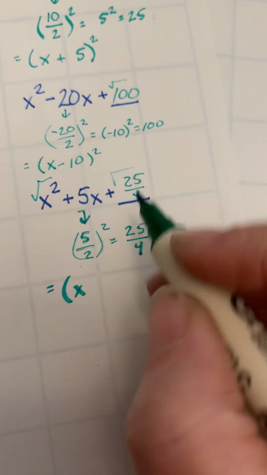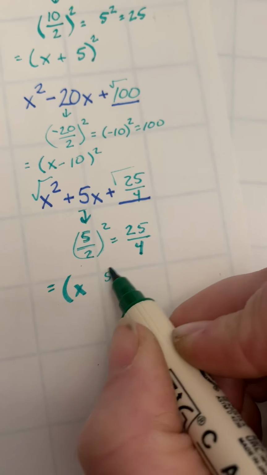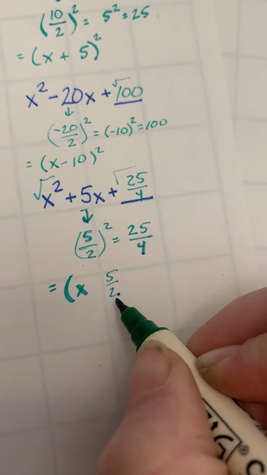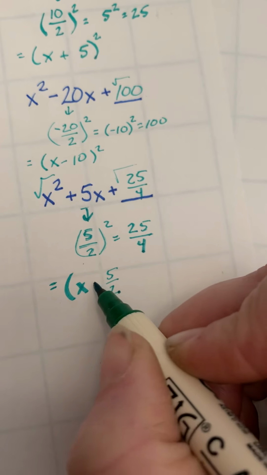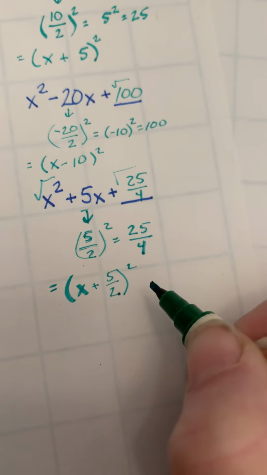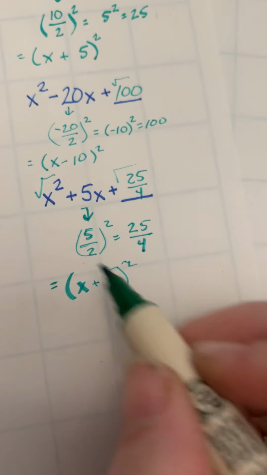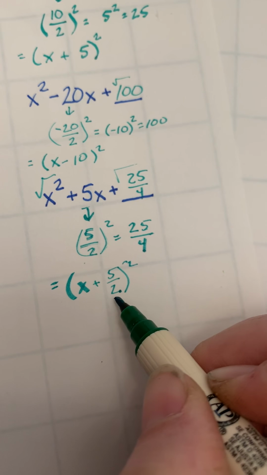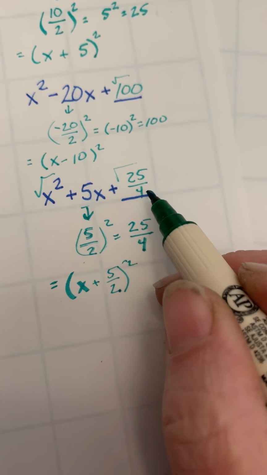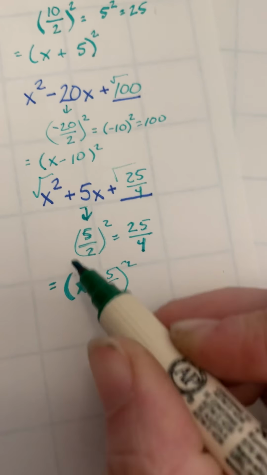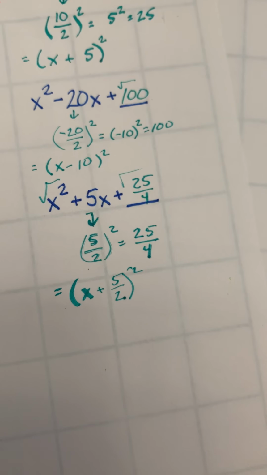Square root of 25 fourths is 5 halves. Square root of 25 is 5. Square root of 4 is 2. First sign. Okay. x squared, 5 divided by 2 squared is 25 fourths. 5 halves x doubled is 5x. Okay.